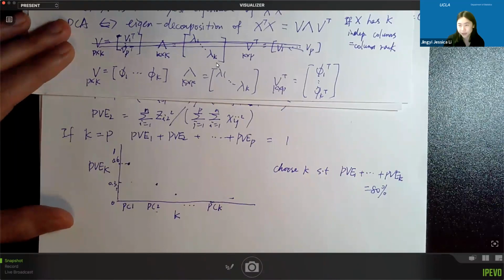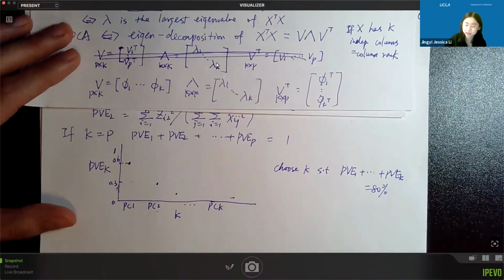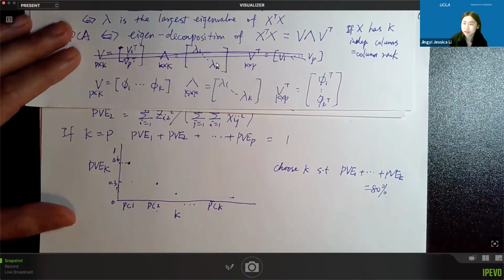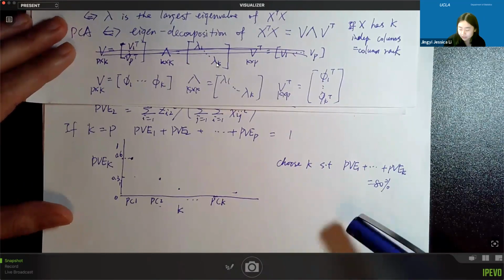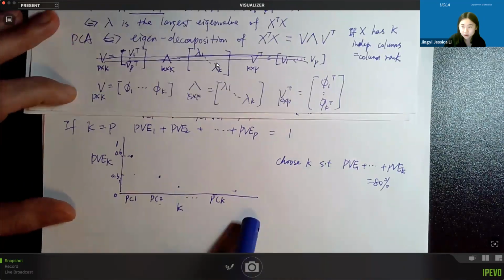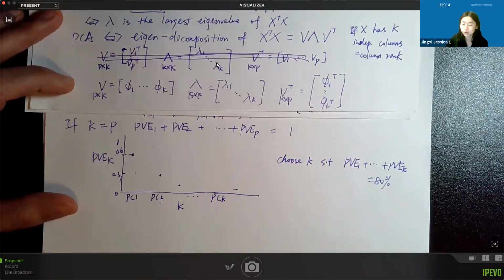But still, this depends. 80% is not some golden rule. It's just something people think is a reasonable amount of variance. And it also depends on your data, right? We hope that the variance we capture is biological signal and the variance we lose is technical variance. So that's also a very tricky thing.